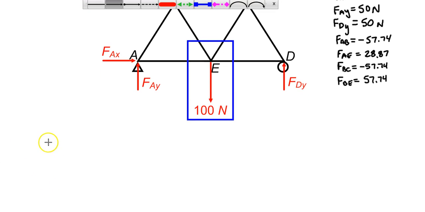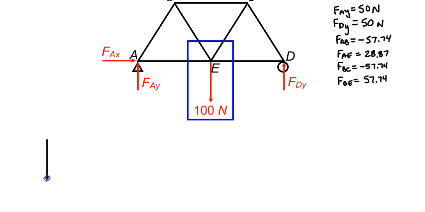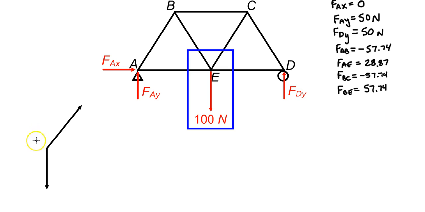Draw our free body diagram. So first thing is we've got this 100 Newton force acting down. We've got, what is that, EC going up and to the right. We've got BE going up and to the left. And then we've also got horizontal components here coming from each part. So let's go ahead and label.